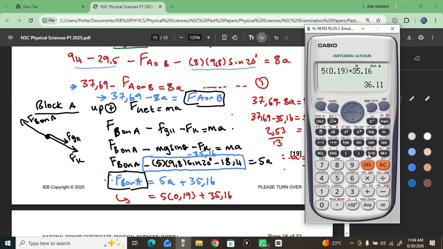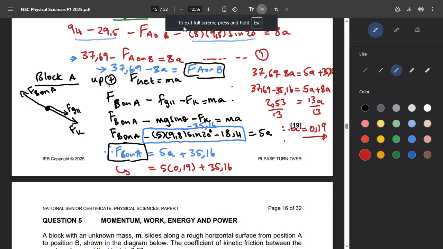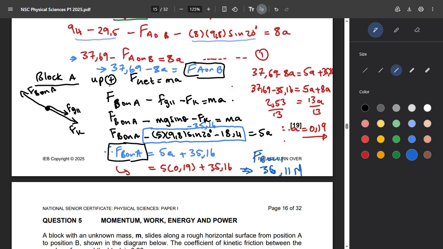When you work with this type of question, the final answer is 36.11. But remember, the answer might be different depending on your roundings. How did you do your roundings? So this will be 36.11 newtons. That is the force B on A, which is equal to the force A on B. So this is the answer.